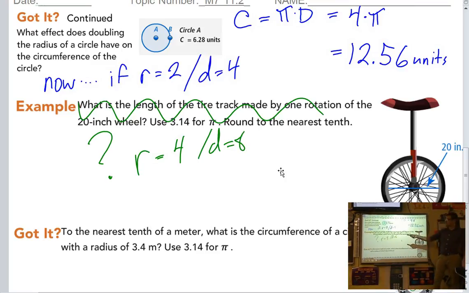When I double my radius, the circumference will now become 8 pi compared to 4 pi. If I double my radius, what's happening to the circumference? It's doubled. It does the exact same thing. So, whatever multiplication or division happens to your radius or circumference, the same thing happens to the other.